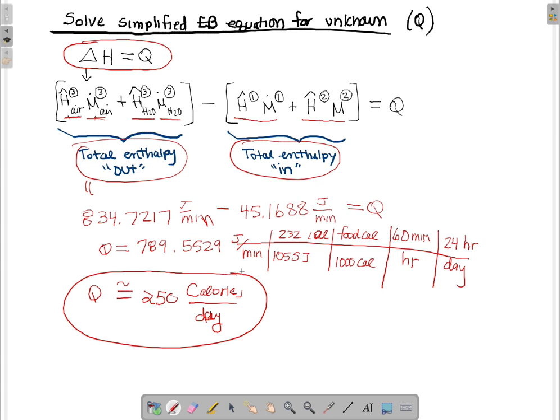You have to establish a reference state to solve these problems and break them down to the very fine granular level of figuring out the specific enthalpies of each species in each stream and the mass or molar flow rates of each species in each stream, keeping track of all that in a table. Once you have them all figured out, you can pop them into your simplified energy balance equation and solve for whatever you're trying to solve. If you do it that way, no problem will be too complex for you to solve.